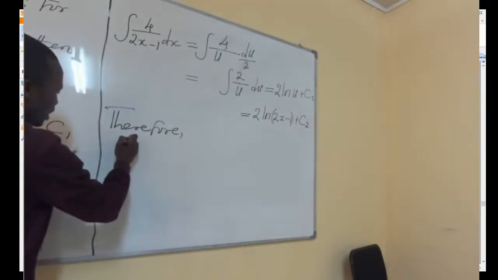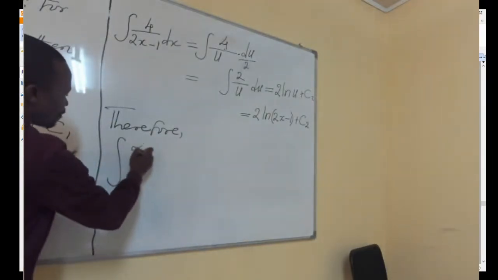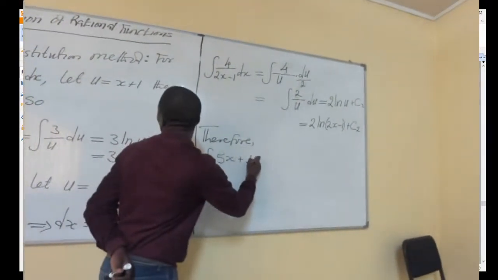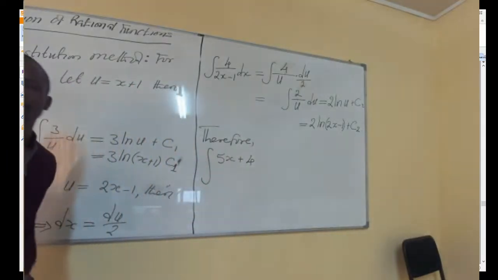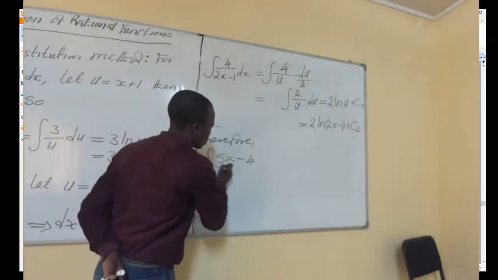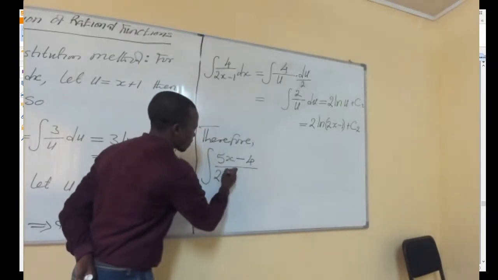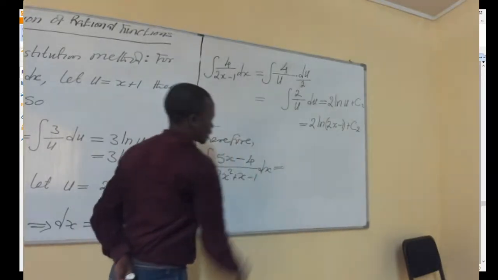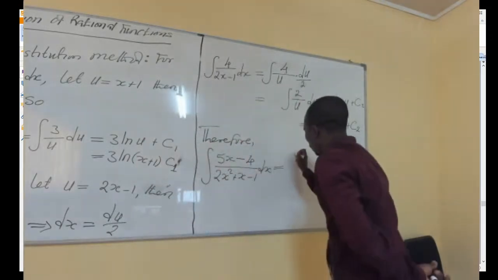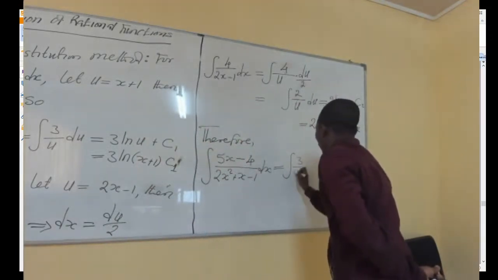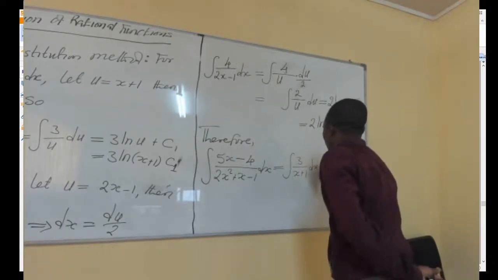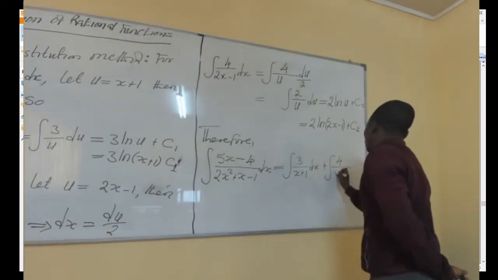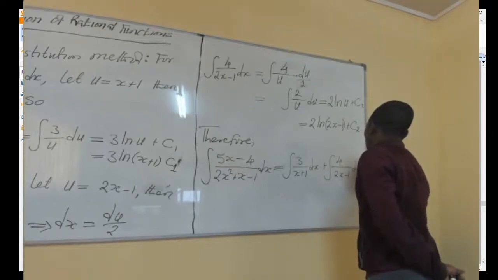Therefore, we are saying the integral of 5x, was it 5x plus 4, minus 4? 5x minus 4 divided by 2x squared plus x minus 1 dx, which was equal to the integral of 3 over x plus 1 dx plus the integral of 4 over 2x minus 1 dx.